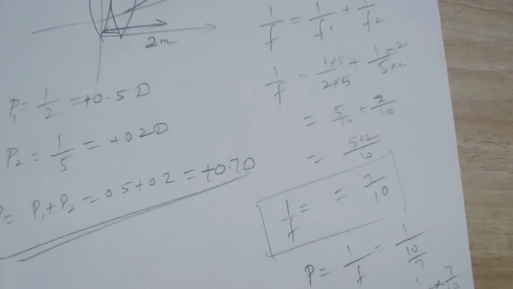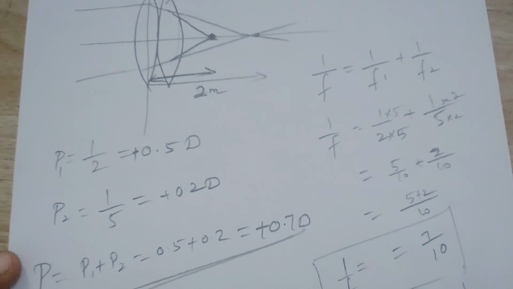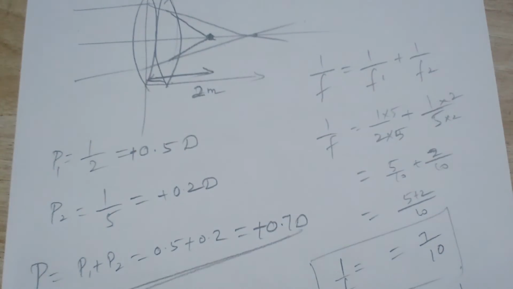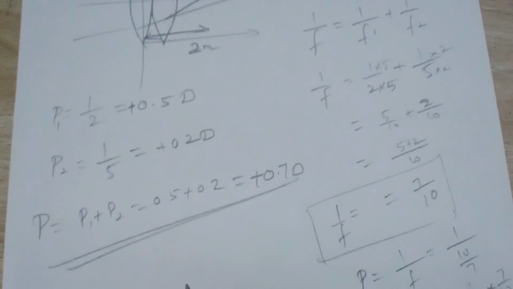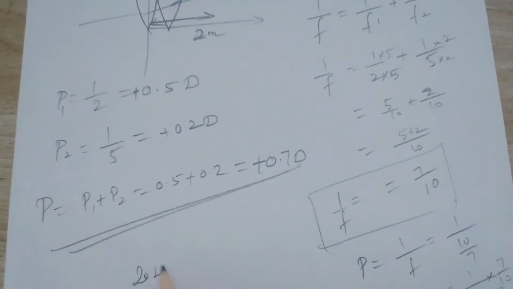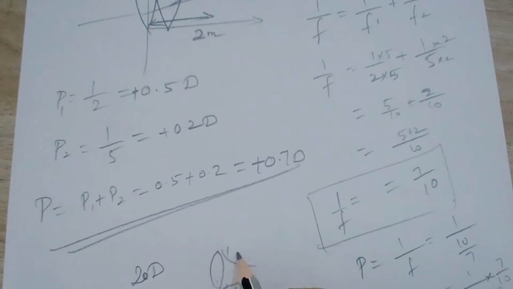Okay, so usually doctors will go in terms of power only, they will prescribe the lens, not in terms of the focal length. Okay, if suppose, for example, you need some 20 diopters power to focus the image.